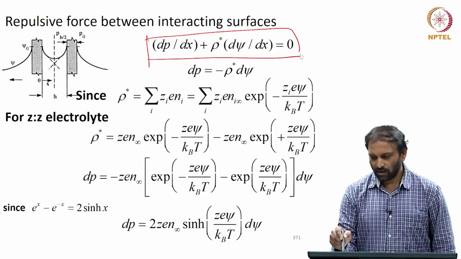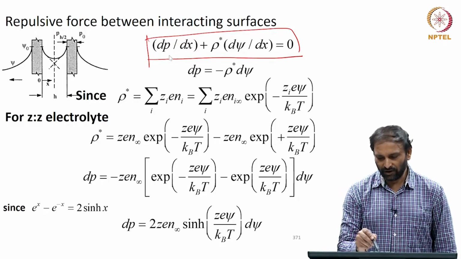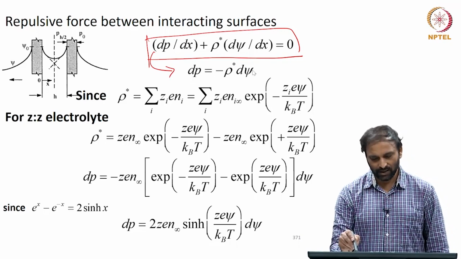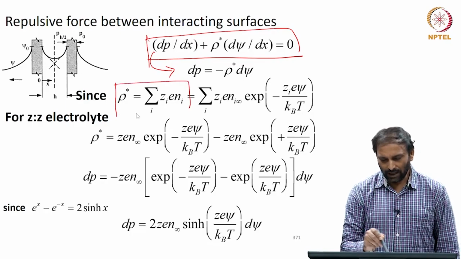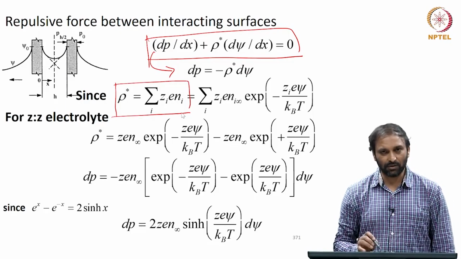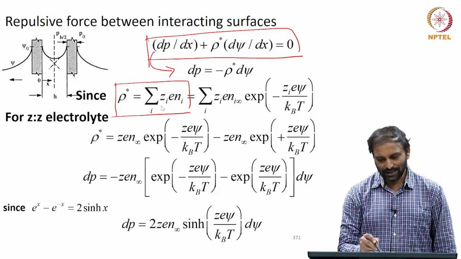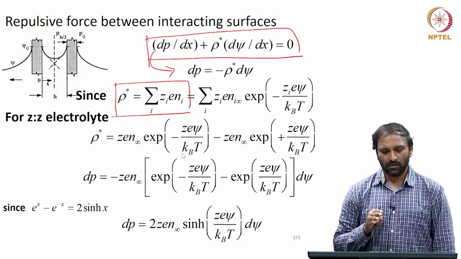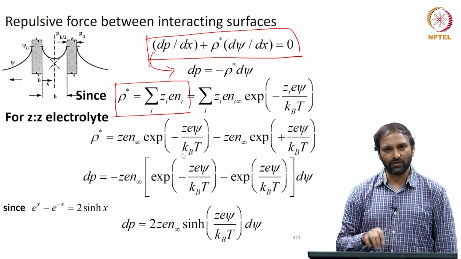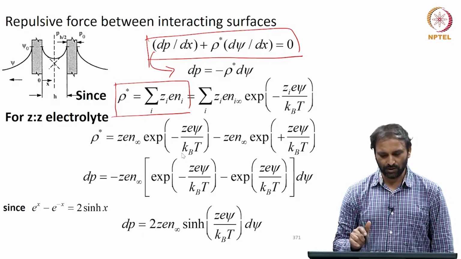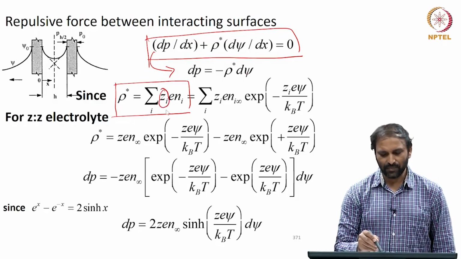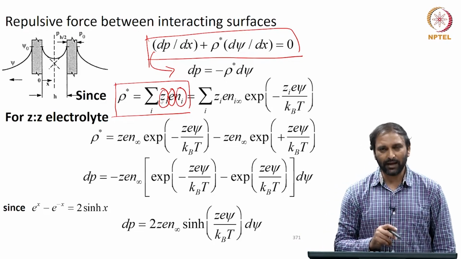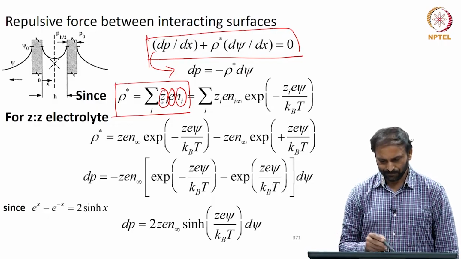So, that is the force balance, and therefore, I can recast this as dP is equal to minus rho star multiplied by d psi, and we know that the charge density in solution can be written as summation Z I E times N I. So, all that we are doing is summing up the charge contribution because of different types of ions in solution. So, Z I is the valency and E is the charge on the electron, and N I is the concentration of the ith type of ions in solution.